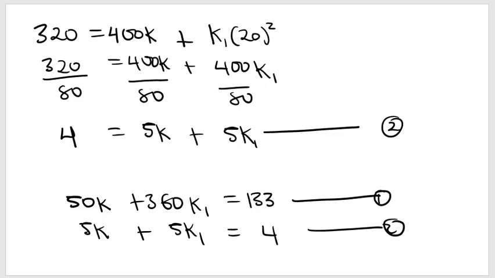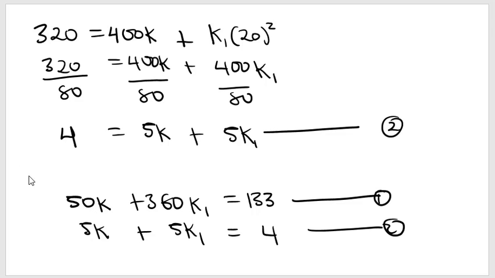Now how do we solve them simultaneously? I can try using the elimination method here. For the elimination method, I have to make sure that the coefficients of one of the variables involved in the two equations are the same. So let's say I want to eliminate k.